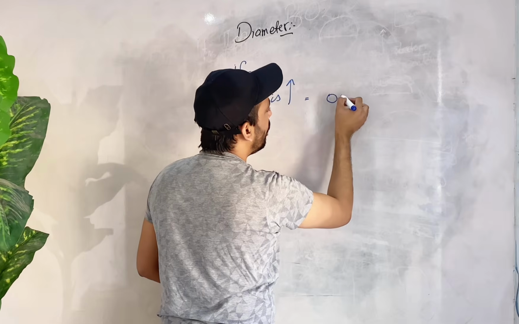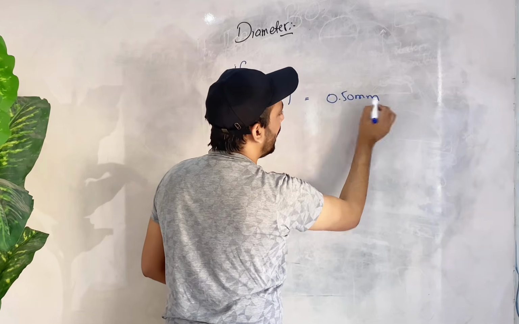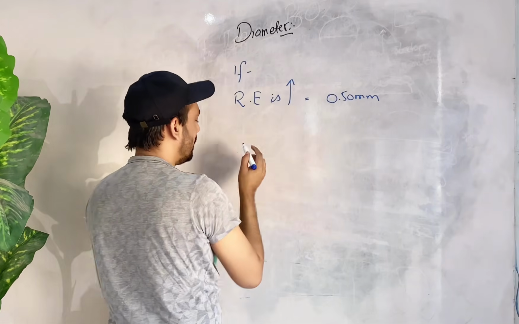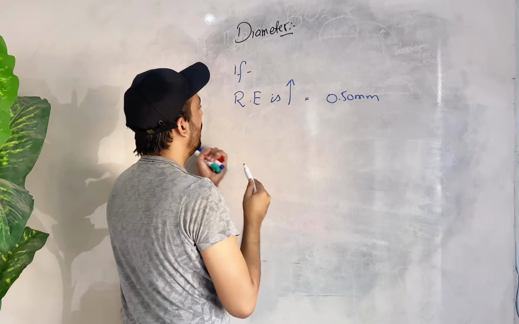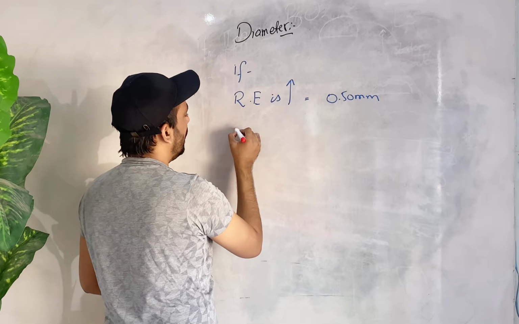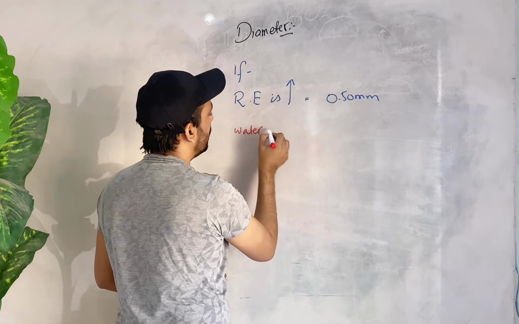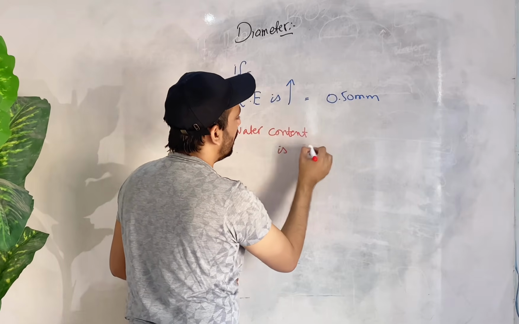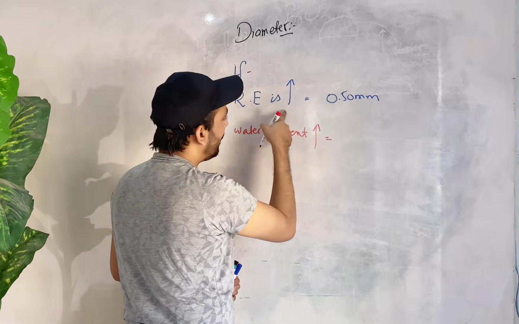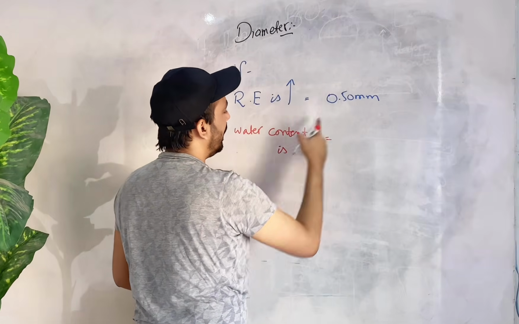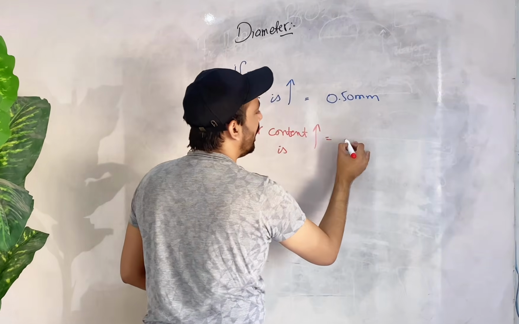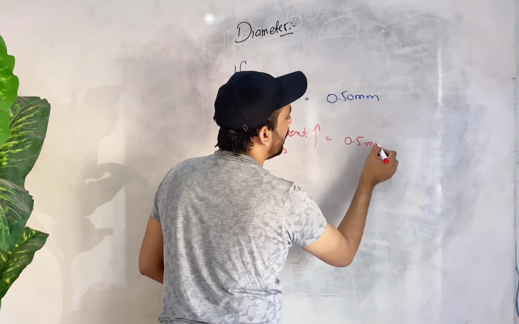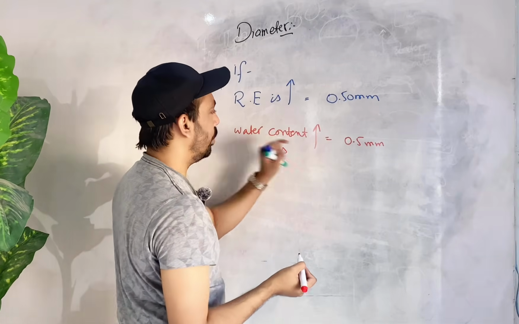We will add 0.5 millimeter in the total diameter, right? And the next is, for example, if the water content is high. So if the refractive error is high, we will add 0.5 millimeter, right? If water content is high, then we will add the same 0.5 millimeter in the total diameter of the lens.